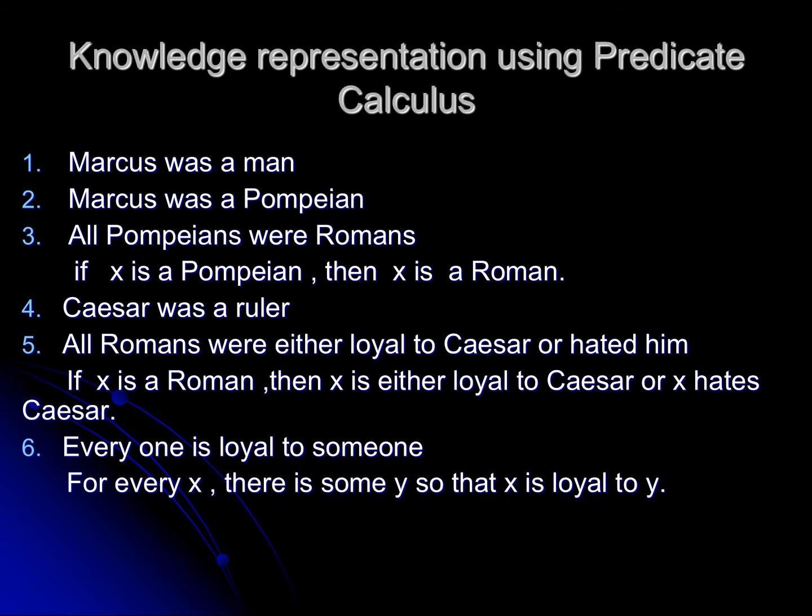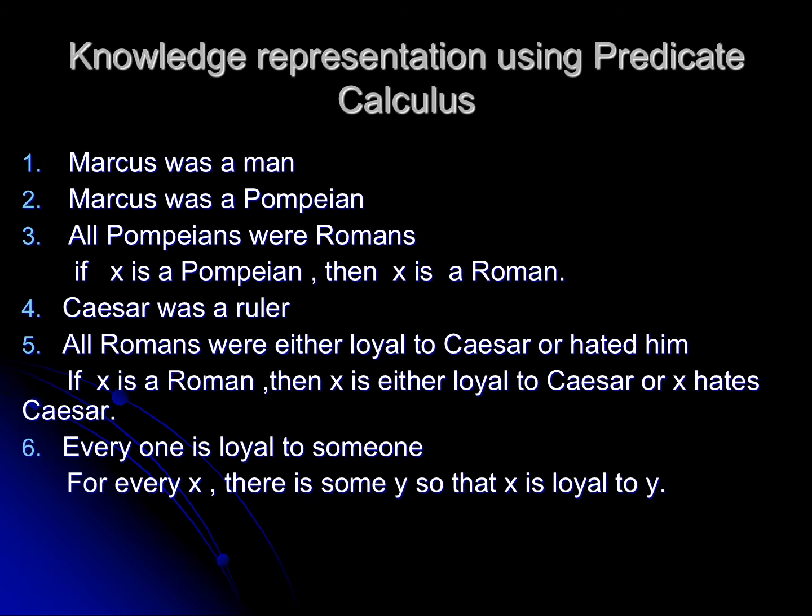Everyone is loyal to Caesar. This can be written as, for every x there is some y so that x is loyal to y. For every person x, there is some person y so that x is loyal to y.